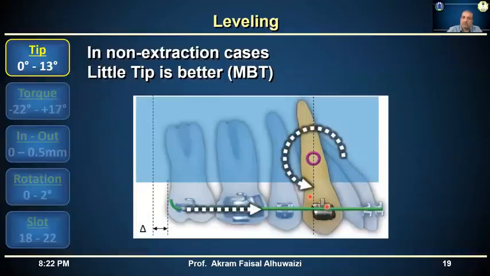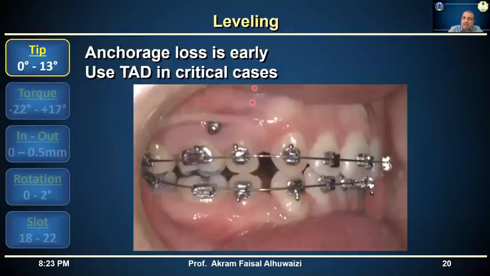So I would go for an MBT bracket, and I think this MBT bracket will be fine in most non-extraction cases. Even if you went for an MBT bracket, it's important to know that the loss of anchorage, or the expression of the tip, happens very early in treatment, because it doesn't make any difference whether you're using a nitinol wire or a stainless steel wire, round or rectangular.